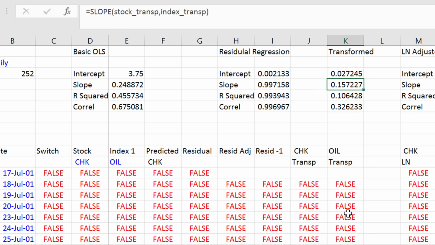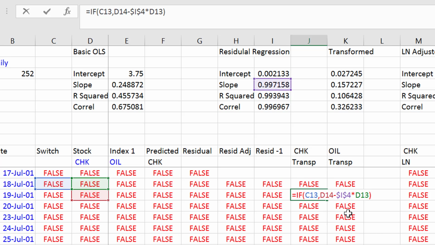Now you could transform the data. And when you transform the data, you say, well, this is, just a minute, the transformed data says, well, take the stock, take the last period and multiply it by this estimate of autocorrelation, and compare that to the current price.